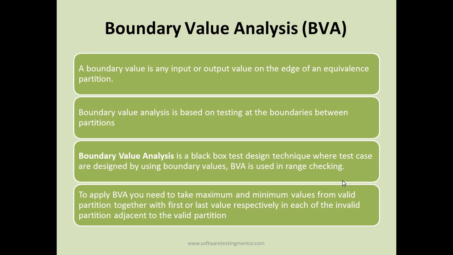If the text field on your web page accepts values between 1 and 100, boundary value analysis will take the minimum value 1, the maximum value 100, and then the first and last values from the invalid partitions. The invalid partition would be any value above 100, so the value adjacent to the valid partition is 101, and on the other side it is 0.